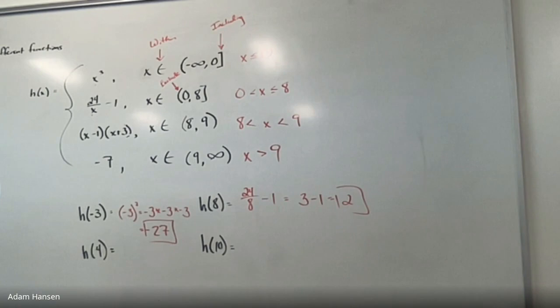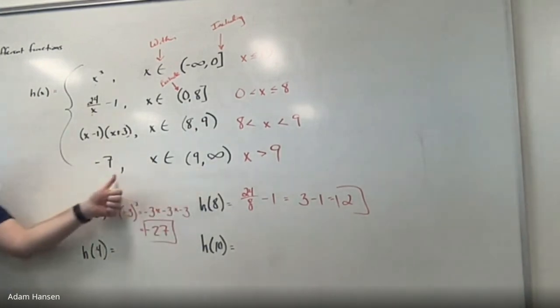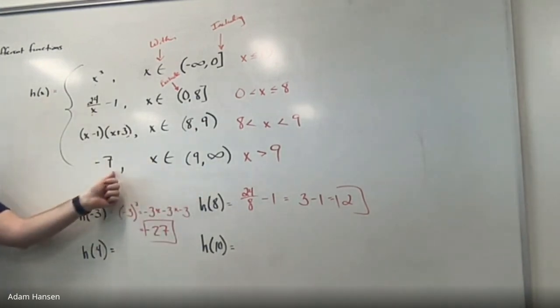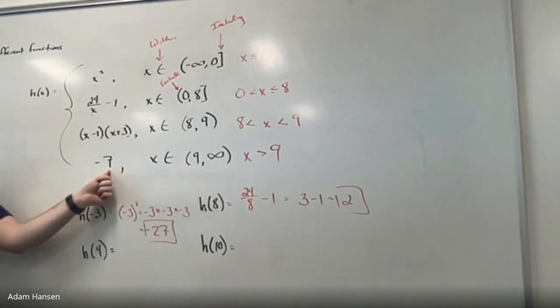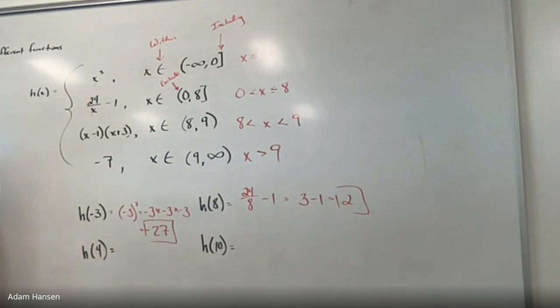How about 10? Which row? The top, second row, third row, or bottom row? Bottom row, I agree. The only thing our function gives us for any x values between 9 and infinity is just -7. That's your answer. There's nothing to plug x into, right? That's it.